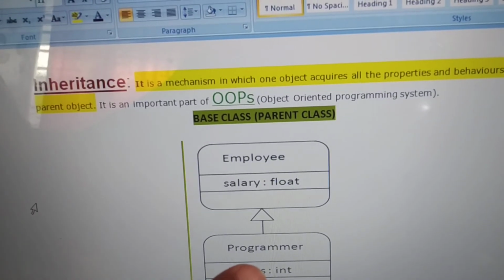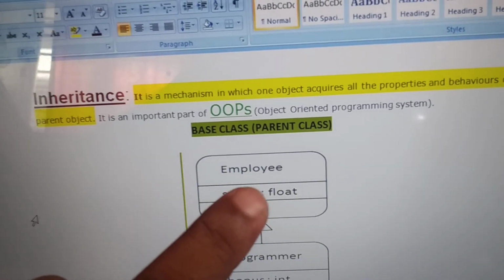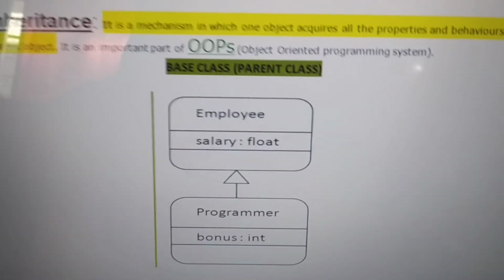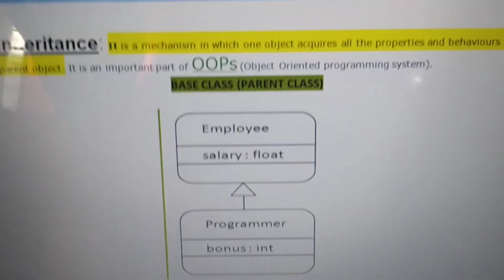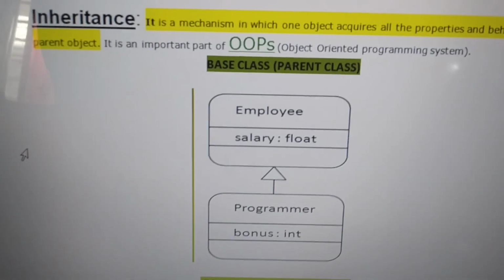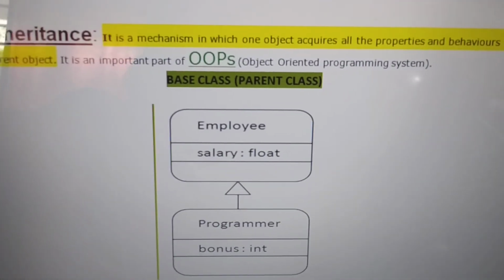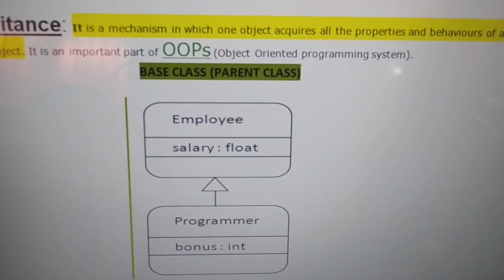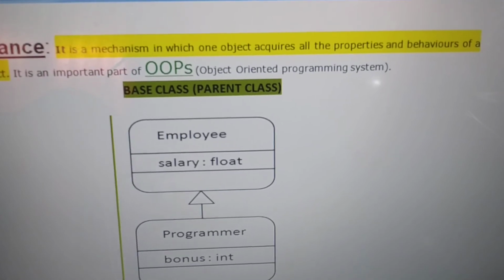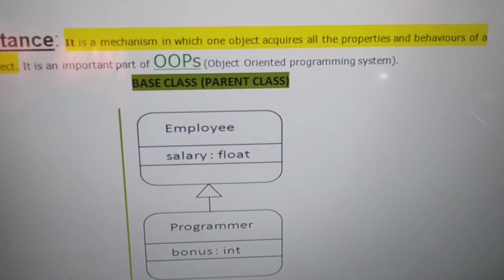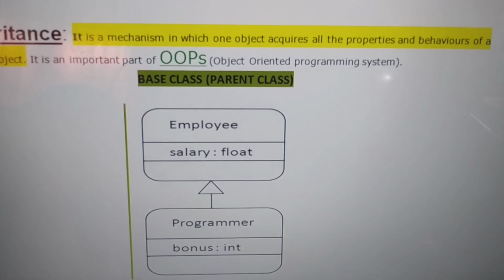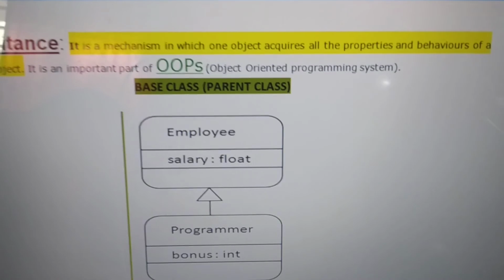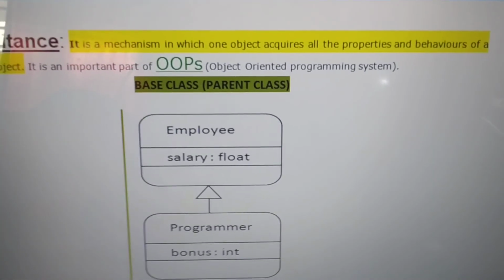This Programmer can acquire the properties of this Employee class. Understood now? In one technical term, inheritance can be defined as reusability. Remember this term, reusability. Write this down. Inheritance can be defined by the technical keyword reusability.